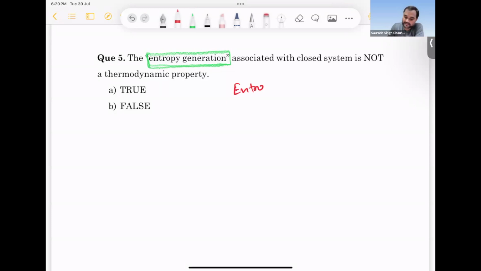Entropy is a property. It is a point function. It is a fixed value at some given conditions. But entropy generation is a path dependent function. Entropy generation is related to some process.